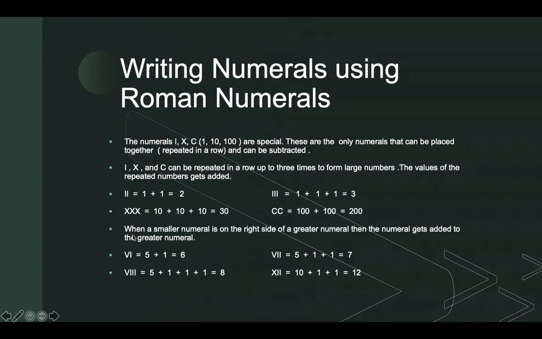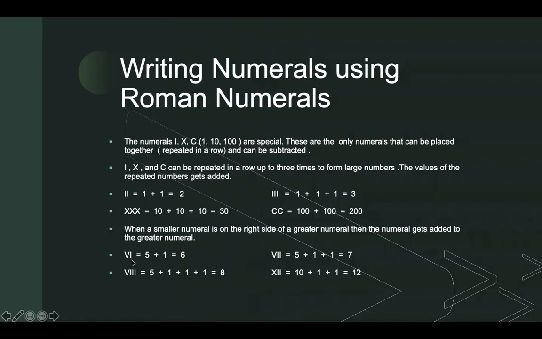The next rule is when a smaller numeral is on the right side of a greater numeral. Like this, you can see this is the smaller numeral and it is written on the right side of the greater numeral, then the smaller numeral gets added to the greater numeral.